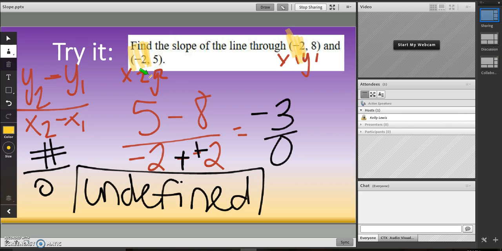You don't necessarily have to memorize this, just stick negative 3 divided by 0 in your calculator, and an error message will pop up, and that's how we know it's undefined. If we get 0 over a number, then our answer is 0. You don't need to memorize it, just stick 0 divided by negative 3 in the calculator, and it'll come up with 0.